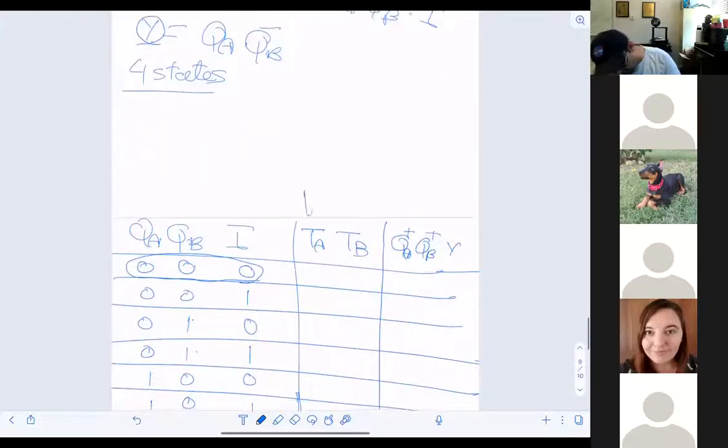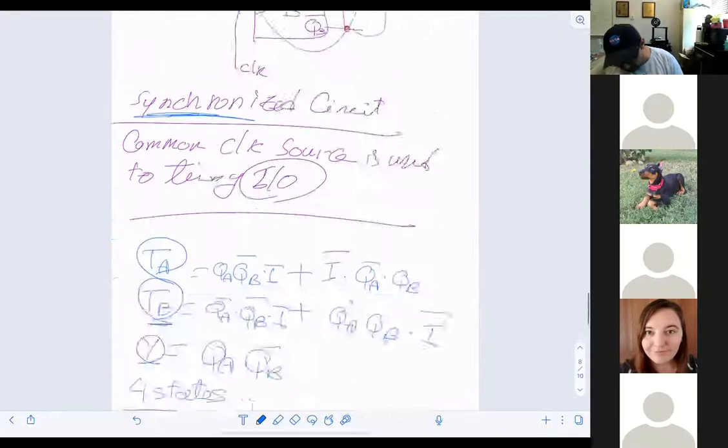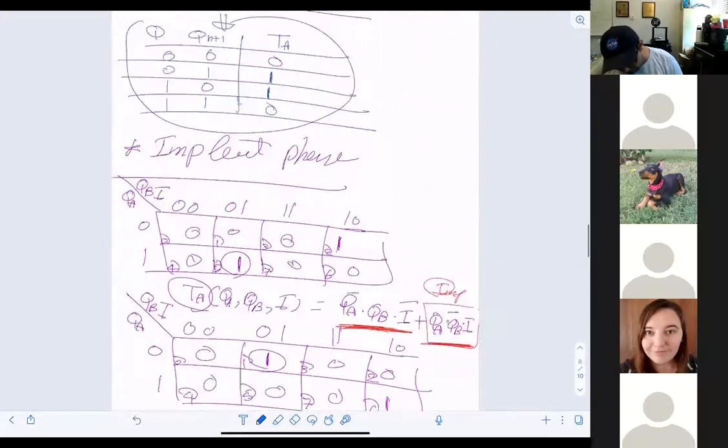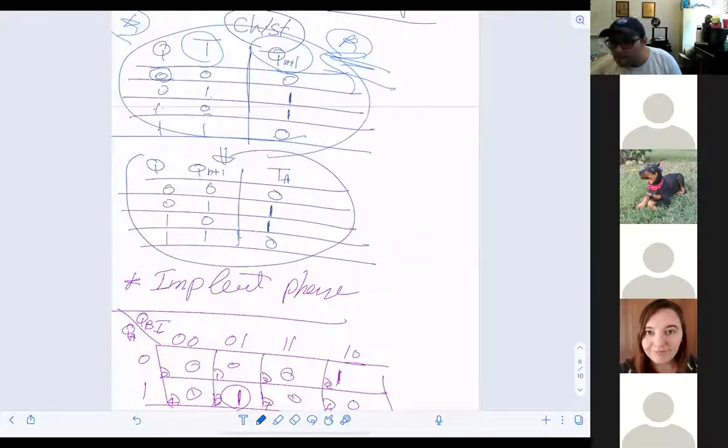Then I will produce TA and TB and Y, straightforward, right? Then TA and TB, I have them, and I have the Q for each. So from the TA and QA, I can get the QB using the state table of the flip-flop, this one.